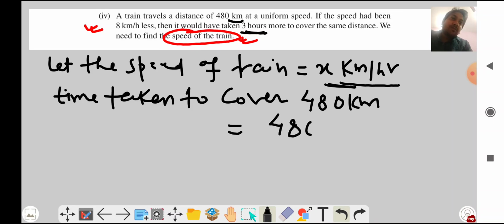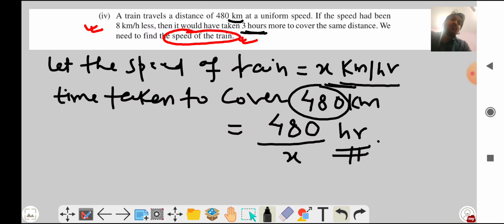Distance divided by speed, right? So it will be 480 upon x hours. So I am taking the speed of the train as x kilometer per hour and the distance is 480 kilometer, so the time taken to cover 480 kilometer will be 480 divided by x hours. Is it clear to all guys?